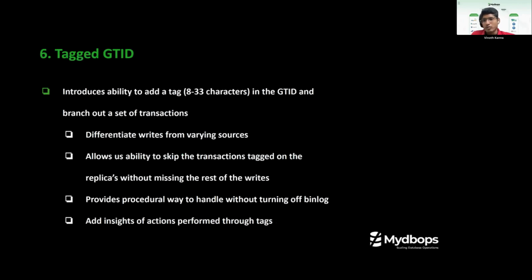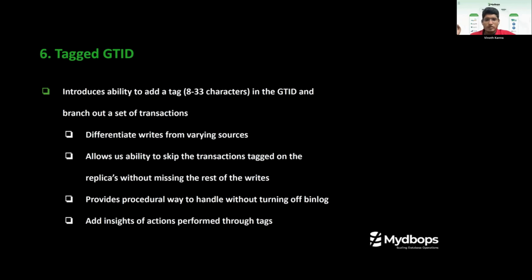The next most interesting feature is tagged GTID. Tagged GTID introduces an ability to add a tag, which can be 8 to 32 characters long. This tag can be attached to a GTID like a subset, and we are able to differentiate those transactions from the others.